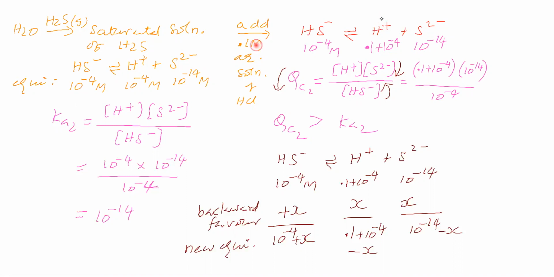Since we added the common ion H plus, the common ion effect is playing a role. Due to that, what happened to the position of this equilibrium? The concentration of sulfide is this much. It is the position of equilibrium. So, due to the common ion effect, shall we say the position of equilibrium changes?